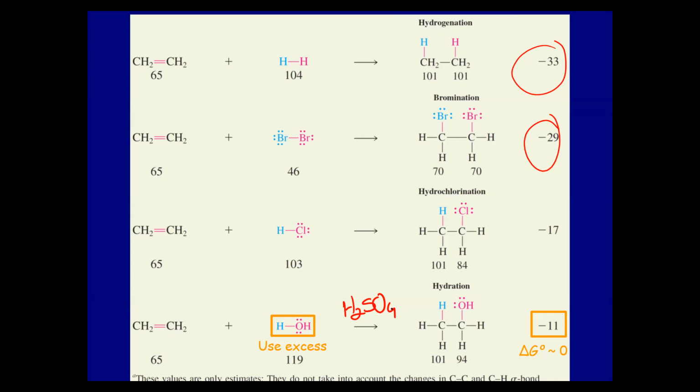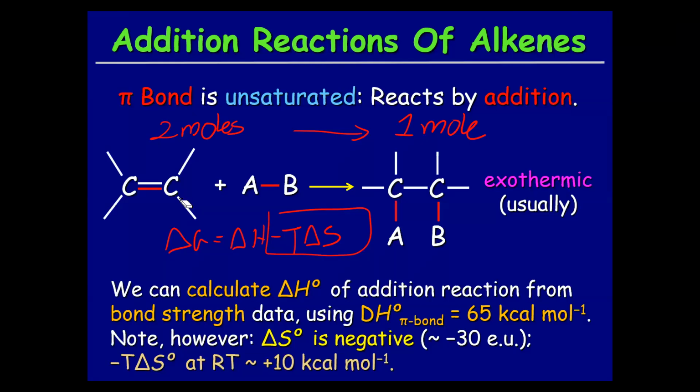Now, very important, okay? Earlier on, in the previous slide, I didn't really discuss it. The entropy change is going to be approximately T delta S around 10 kilocalories per mole.